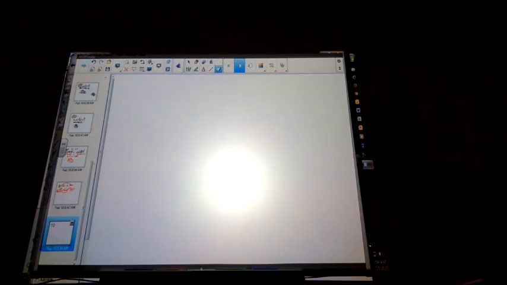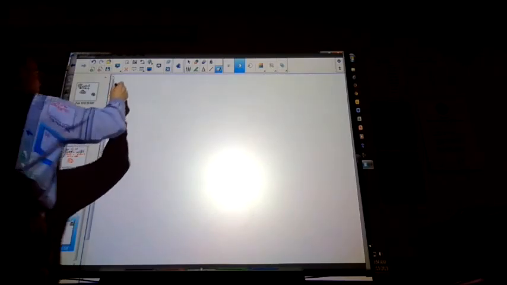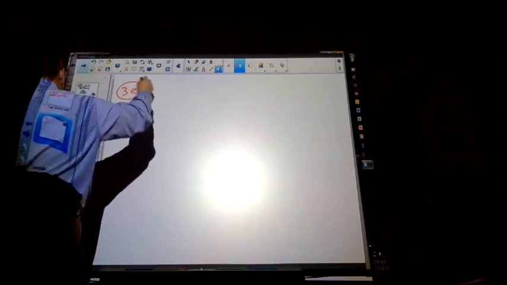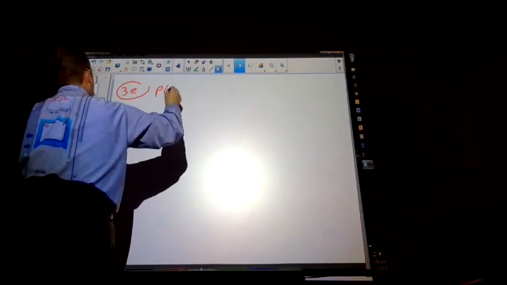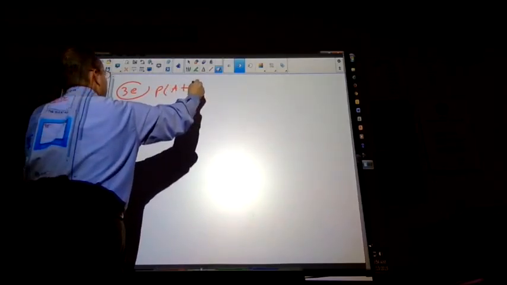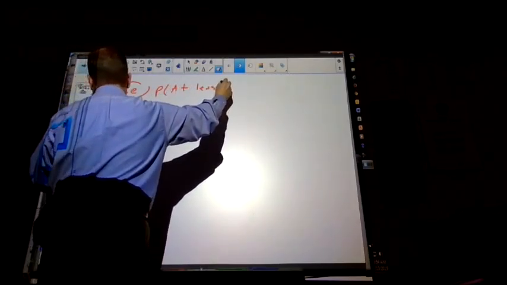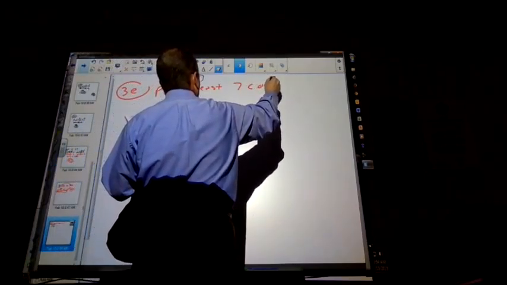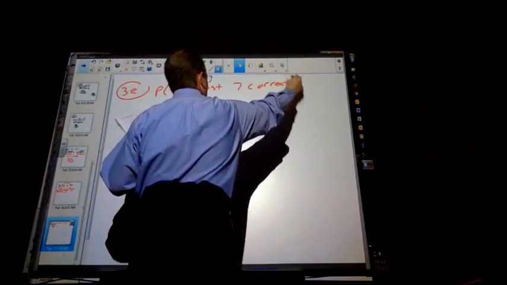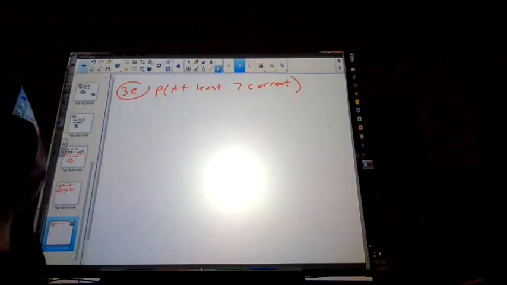What number am I on? Where? 3E? Okay, 3E. Help me. Probability you get at least 7 correct. It's got different language. What does at least mean?